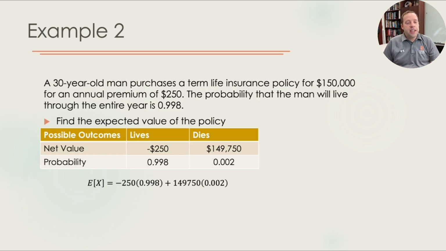So a value of negative 250 has a probability of 0.998, and the value of 149,750 has a probability of 0.002. If we multiply those out and add them together, the expected value is $50.